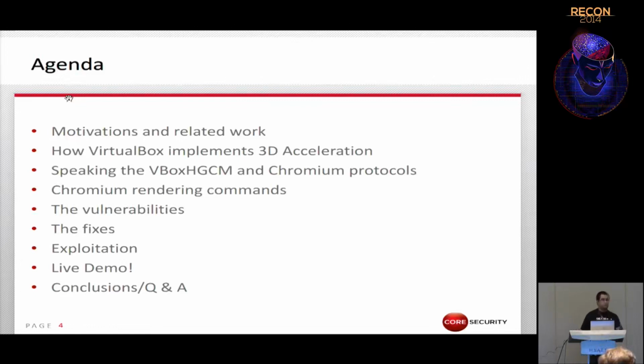After that, we'll be ready to uncover 3 memory corruption vulnerabilities affecting this feature and how Oracle fixed them. Then we'll go to the fun part, which is the exploitation phase, in which we'll see how to exploit these vulnerabilities in order to escape from the VM. And we'll finish this presentation with a live demonstration of the guest-to-host escape.